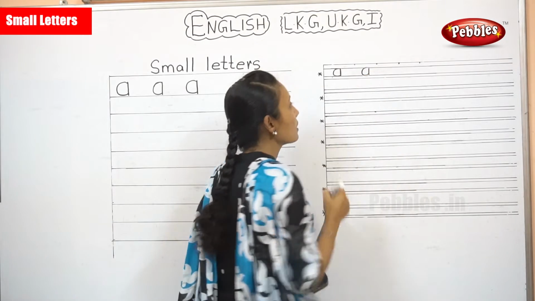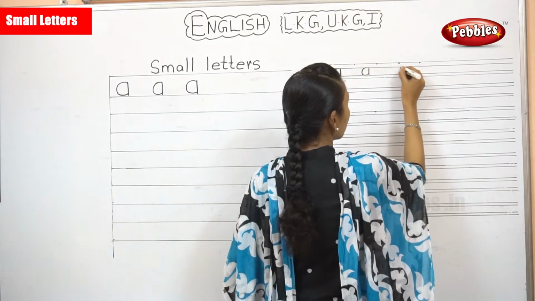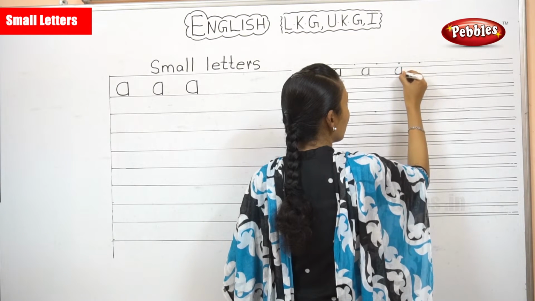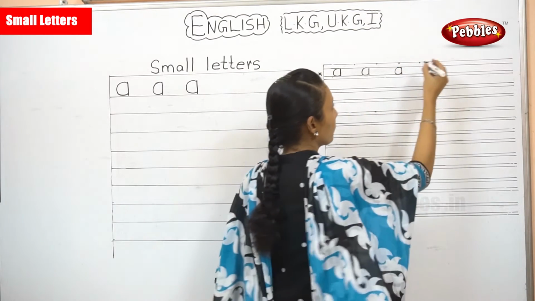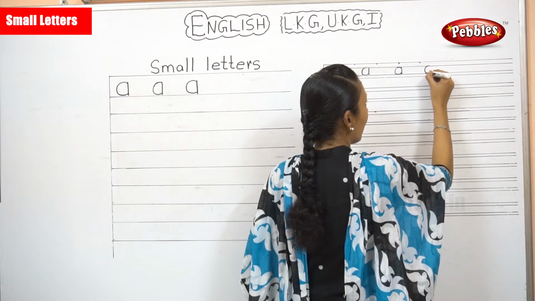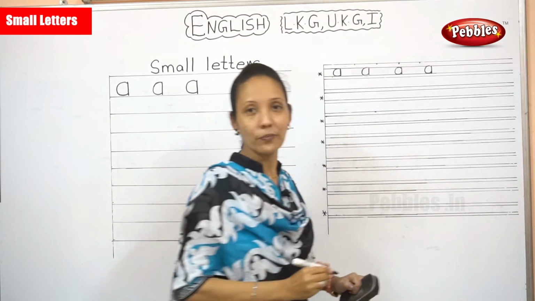This is your small a. Your curve and your standing line is small a.